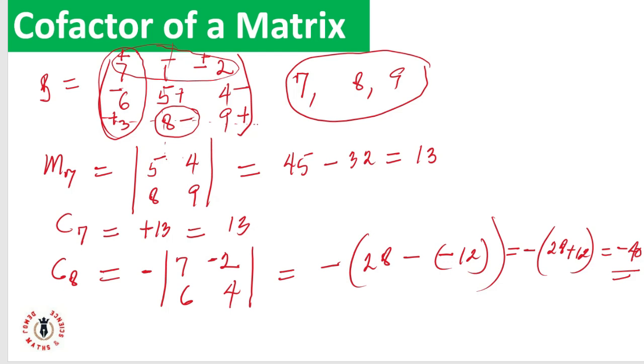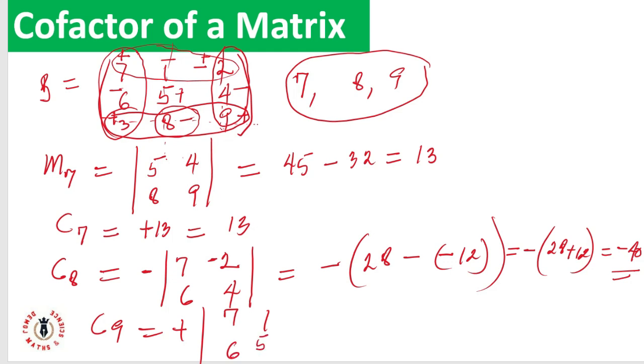Now, let's look for the cofactor of 9. C9 comes from 9, the sign on that is positive. Then if you look at it again, here's a column and also here's a row for 9. So the elements outside, I have 7, 1, 6, and 5.